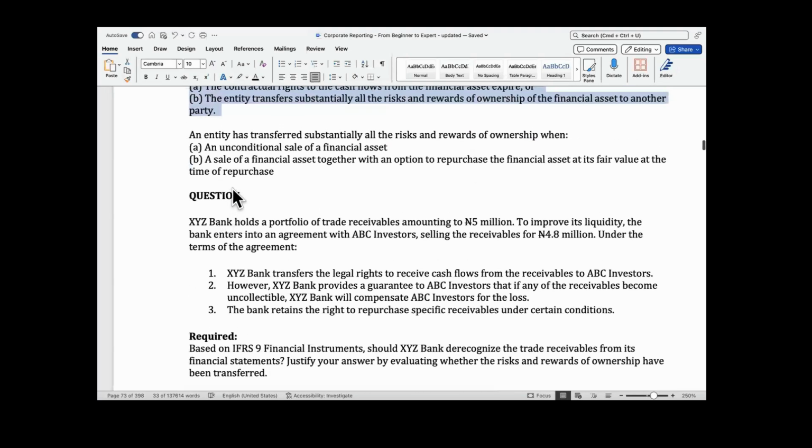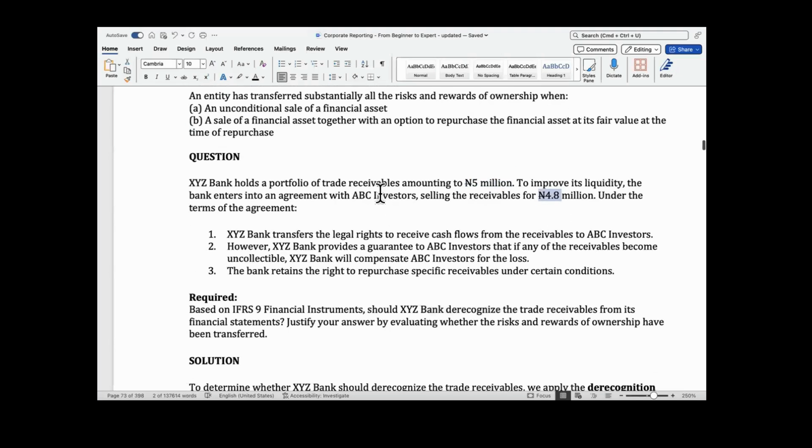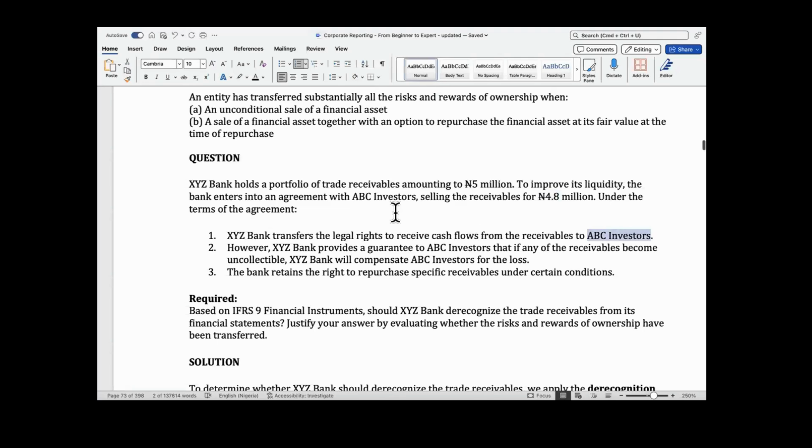So let's analyze this question and get our answer from it. So this bank has trade receivables of 5 million. It actually sold it to ABC for 4.8 million. But now the agreement is this. The bank transfers the right to receive cash to ABC. Okay, so that one is clear.